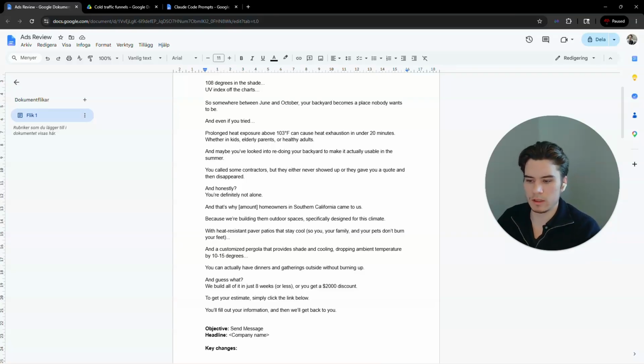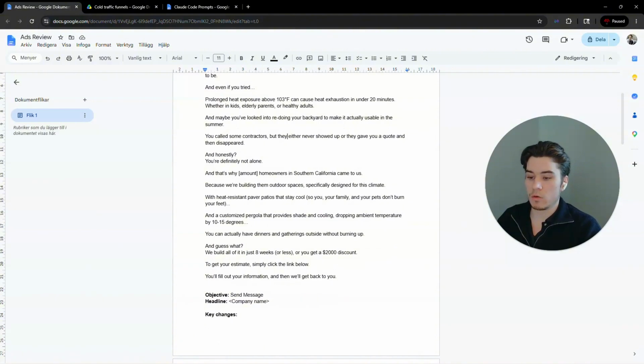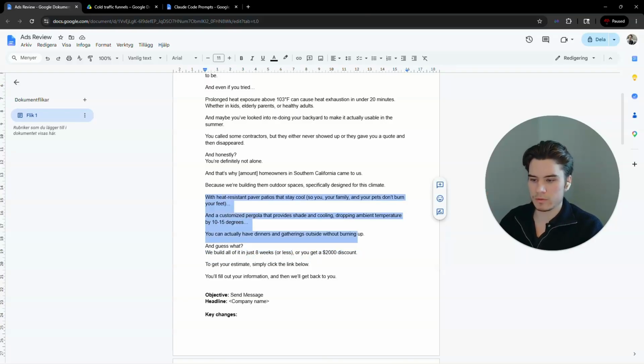And you can have dinners and gatherings outside without burning up, right? And guess what? We build it all in just 8 weeks, or you get a $2,000 discount. So this will do a lot of heavy lifting. It's an actual value proposition. It's an actual clear offer. We'll do this for you in just 8 weeks or less, or you get a $2,000 discount.